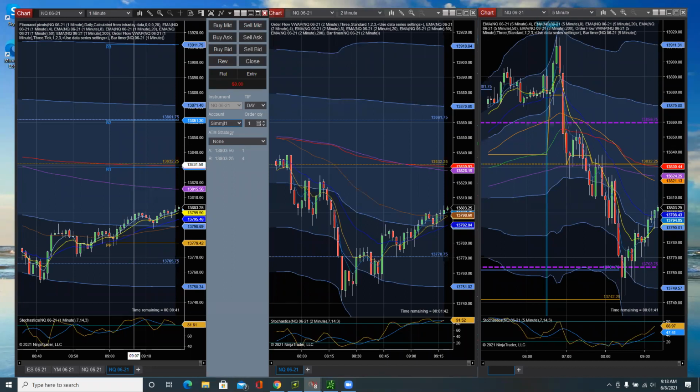And right below the point of control, we have VWAP, the value weighted average price. So VWAP sits right there. Then coming all the way down at 65.75 on my 1-minute, a little bit higher on my 2-minute, and a little bit lower on my 5-minute chart is the value area low.